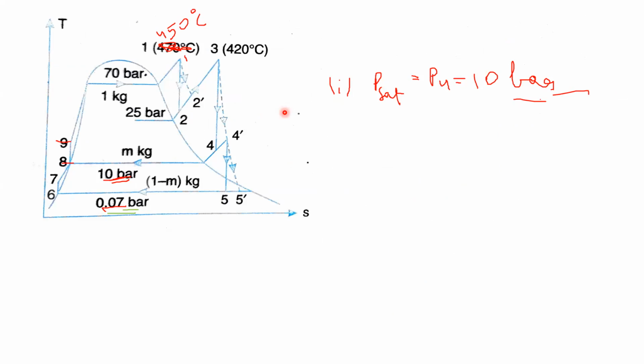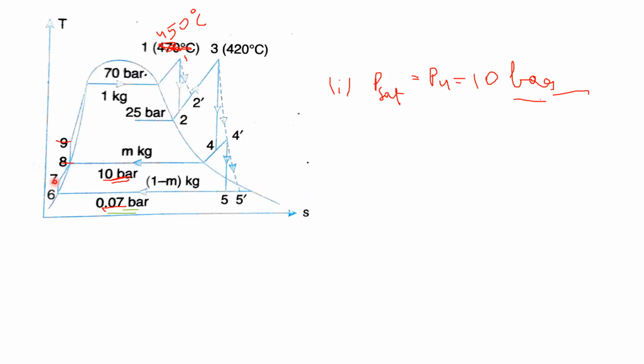At the fourth state, some amount of mass M1 is taken from the turbine at the intermediate pressure. The rest is sent to the low pressure turbine at state 4 dash. From 4 dash to 5 is the isentropic expansion, and 4 dash to 5 dash is the actual expansion.